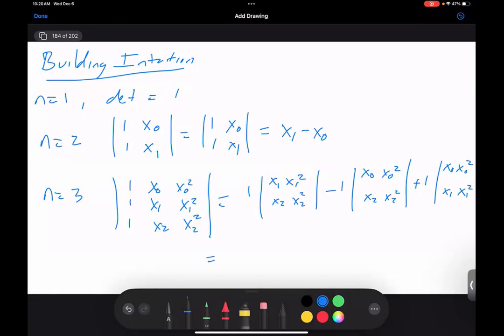And so if we expand things out, we would get x1, x2 squared minus x1 squared, x2 minus x naught, x2 squared minus x naught squared, x2 plus x naught x1 squared minus x naught squared x1. Does that look like anything nice to you?